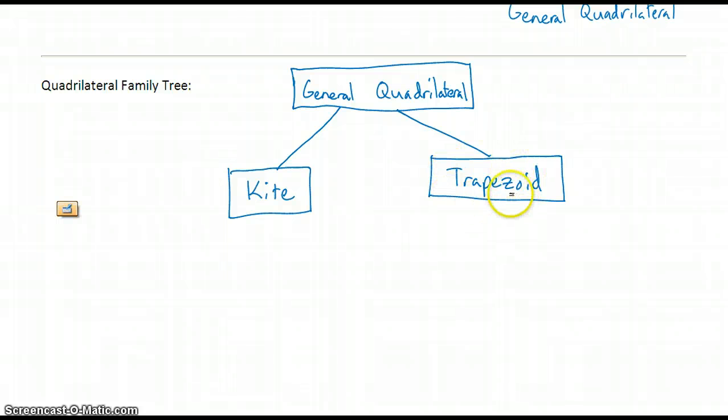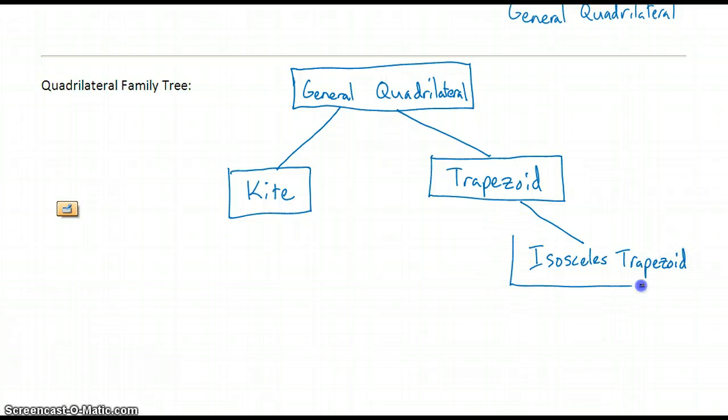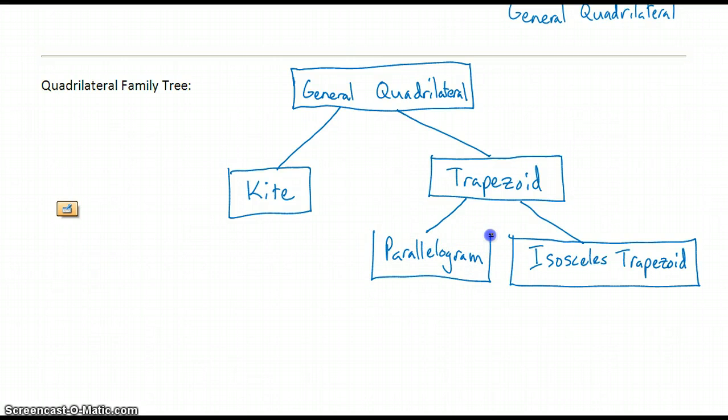Now if we branch the trapezoid and we set one pair of the sides of the trapezoid congruent to each other, we have an isosceles trapezoid. And if we take that trapezoid and we have 2 pair of parallel sides, we end up with a parallelogram.